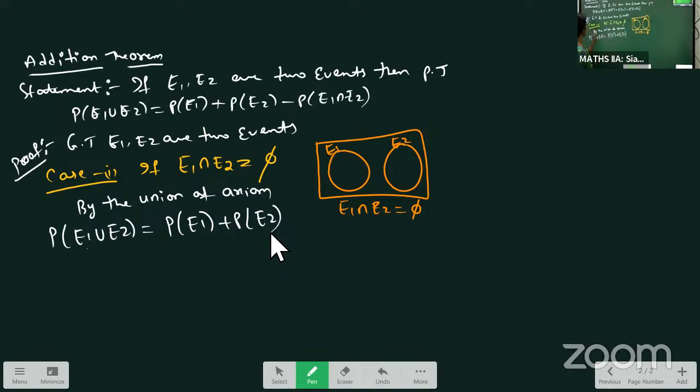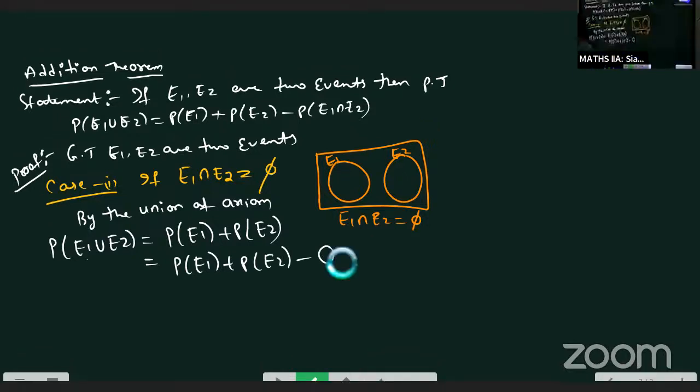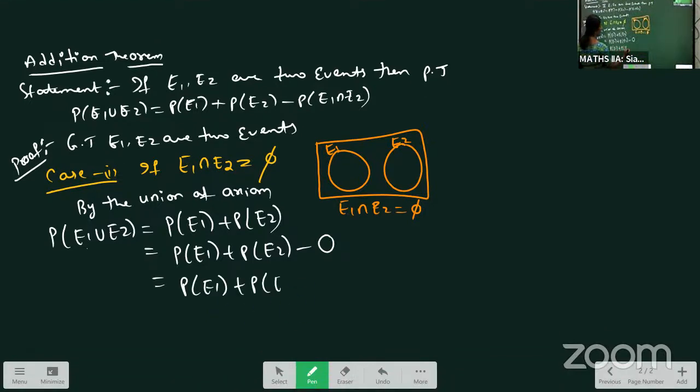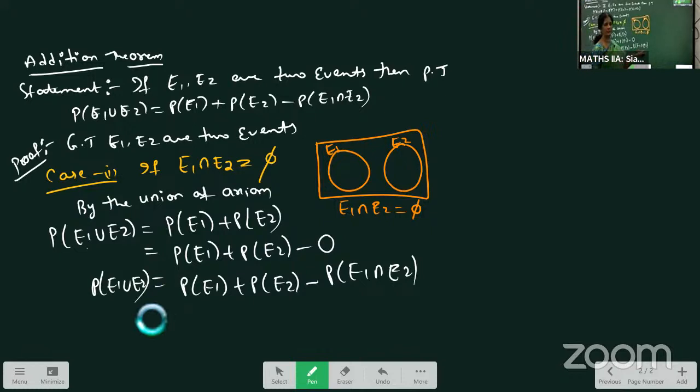But what we have to prove is something else. So P of E1 union E2 is equal to P of E1 plus P of E2. I am writing an extra minus 0. So P of E1 plus P of E2 minus 0 is nothing but P of E1 plus P of E2 minus P of E1 intersection E2. So we got the statement correctly, right? So with this, case 1 is proved.